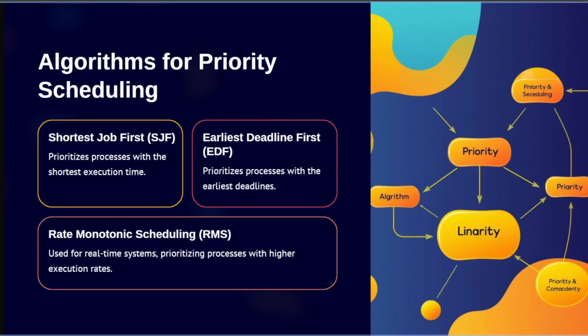This is common in deadline-driven systems like video streaming or transaction processing, where tasks must be completed on time. Lastly, we have rate monotonic scheduling. This algorithm is used in real-time systems and prioritizes tasks with higher execution rates. In other words, those that need to run more frequently.